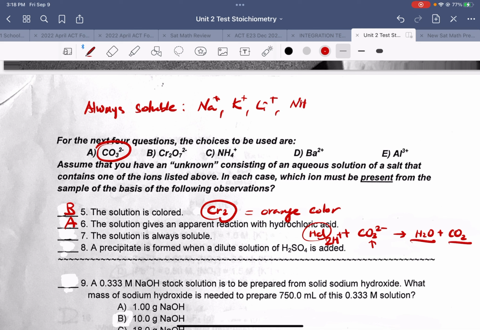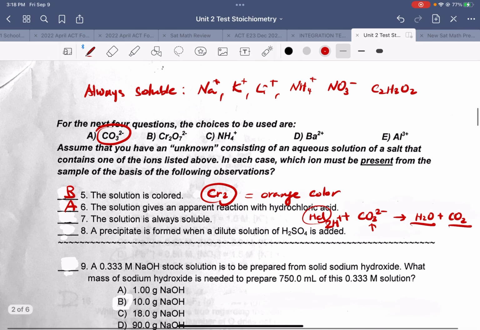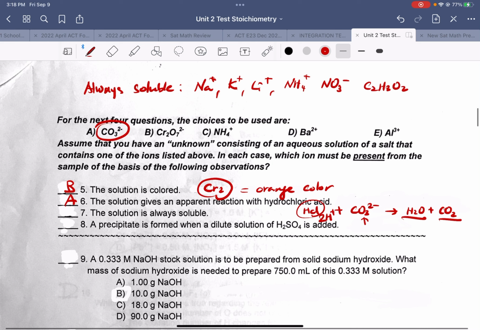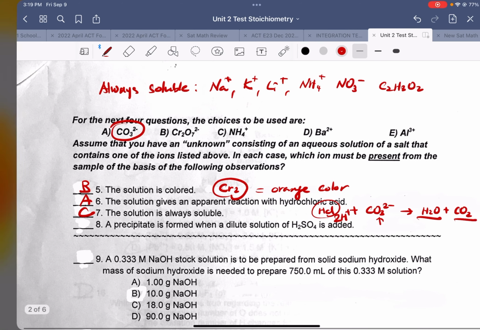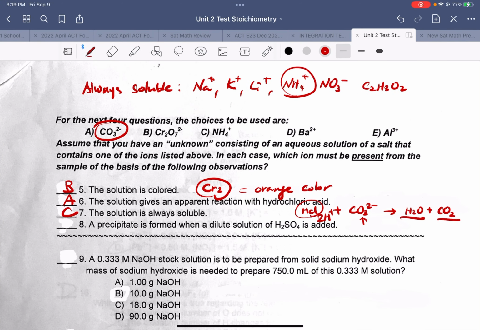And the ammonium ion, the nitrate ion, and C2H3O2, the acetate, also always soluble. So those are always soluble. Now, the solution that is always soluble, then of course it's C, the ammonium ion.